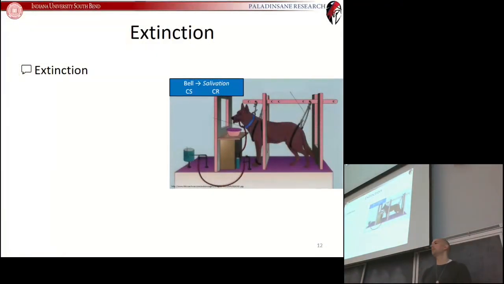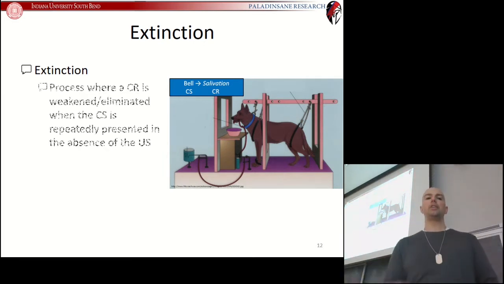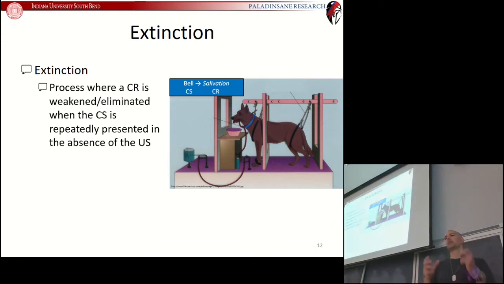Well, one basic procedure is to take them through a process known as extinction. And extinction, when applied to classical conditioning, is where a conditioned response is either weakened or eliminated by repeatedly presenting the conditioned stimulus without the unconditioned stimulus. All right, so I'll mention that again.